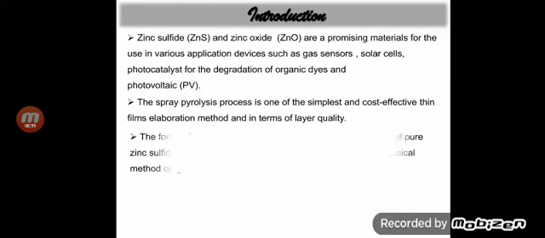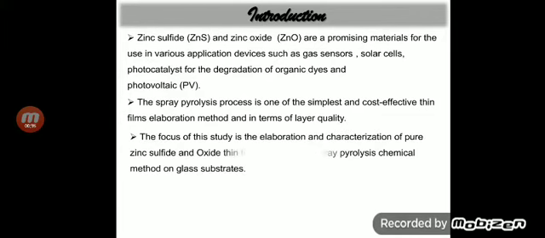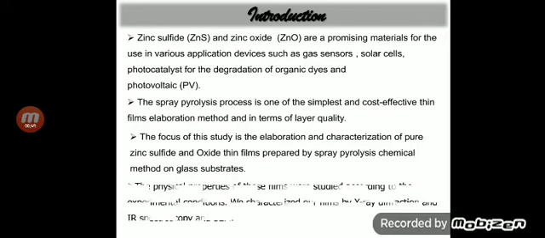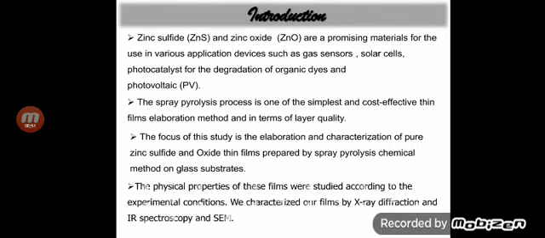The pyrolysis process is one of the simplest and most cost-effective thin film elaboration methods in terms of layer quality. The focus of this study is the elaboration and characterization of pure zinc sulfide and oxide thin films prepared by the chemical pyrolysis method on glass substrates.